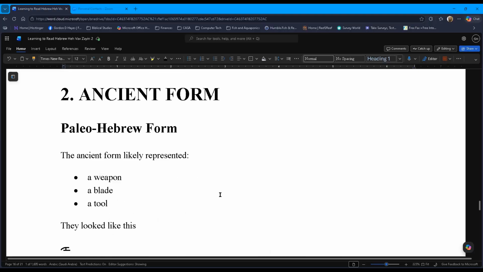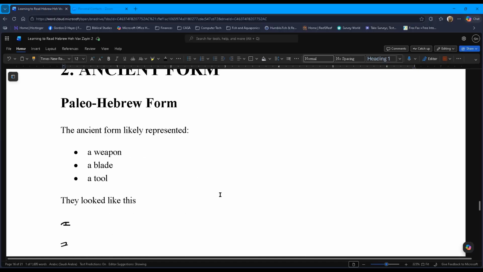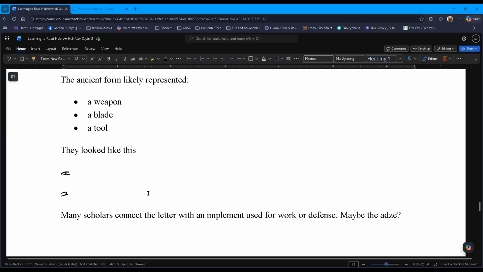Its ancient form in Paleo Hebrew most likely represented a weapon, a blade, a tool. It looked like this. And I got to thinking, what an adze is. Is there a connection between an adze, which is a tool, to the Zayin in Hebraic thought? Something that we could look at.